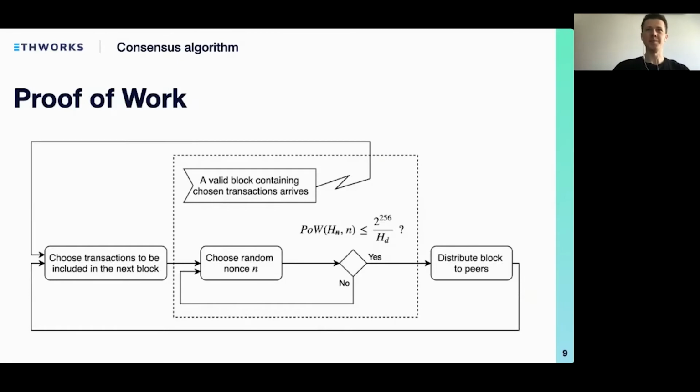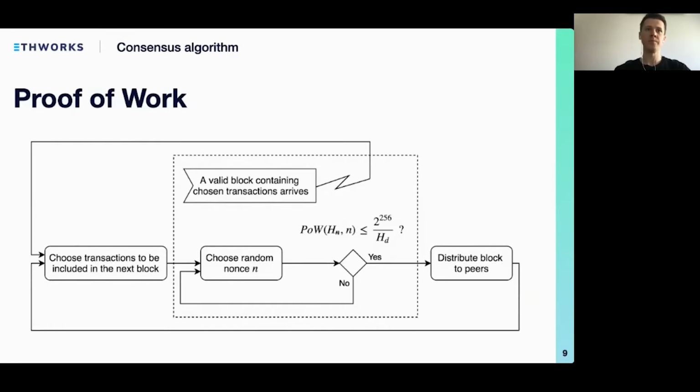The diagram that you see here shows what a miner node does and how he operates. A miner first listens for transactions that are distributed in this peer-to-peer network, and chooses transactions to be included in the next block. So he tries to add a new block to this existing chain.